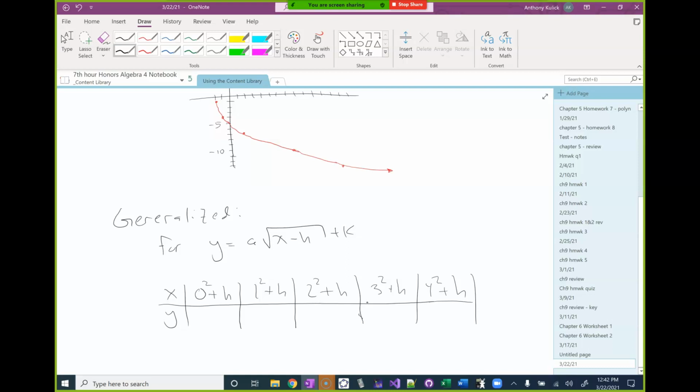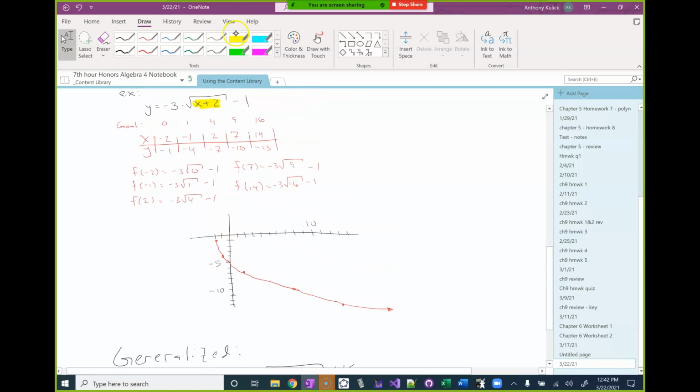When we found our y coordinate, let's look at what happened. We took the square root of our perfect square, we multiplied it by -3, and we subtracted by -1. And we kind of did that every time, right? What is -3? That was the coefficient. What was the -1?